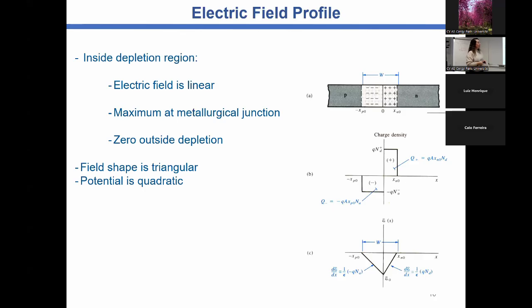So what happens with the electric field profile when we have this junction? As we saw, we have this movement in the junction, and this movement will bring electrons to the p-type and holes close to the n-type.